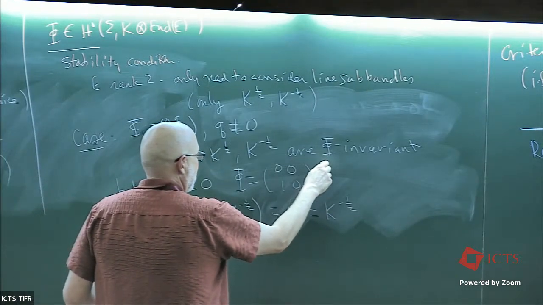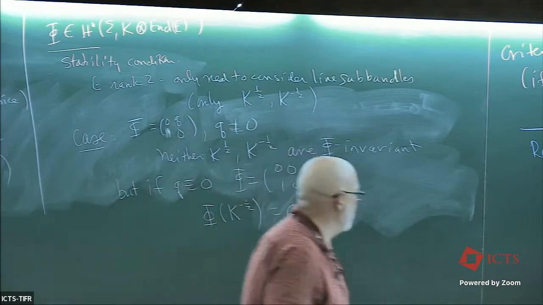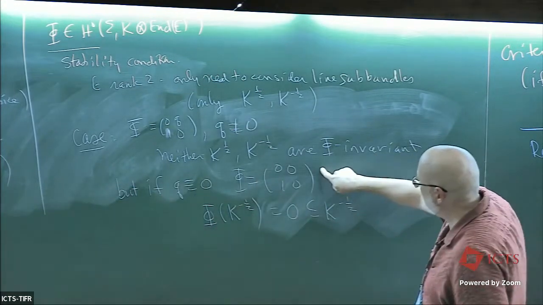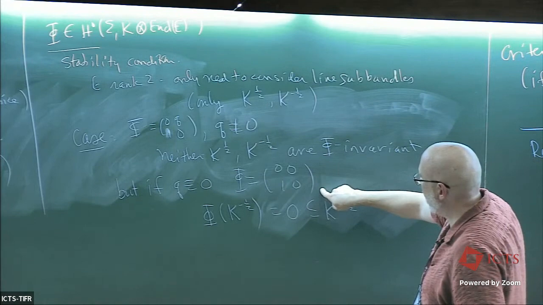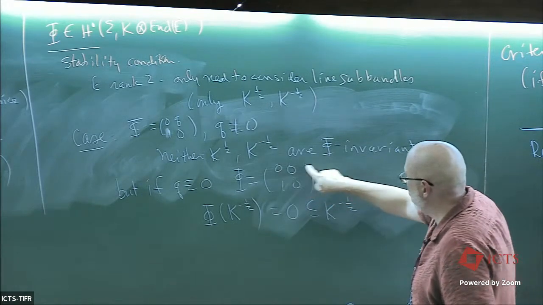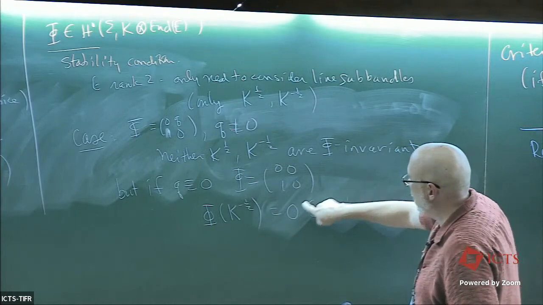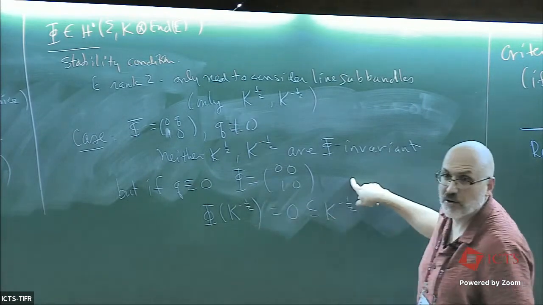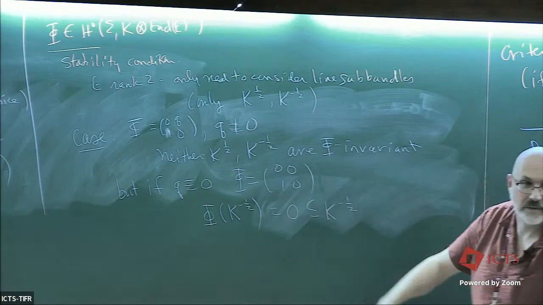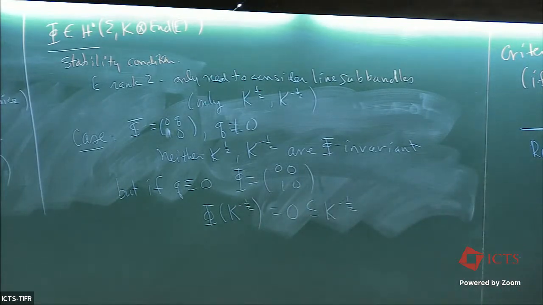So basically the way this works is just in terms of matrix multiplication. You have a k to the 1/2 here, k to the minus 1/2 here. If you do the matrix multiplication, all the terms with k to the minus 1/2 become 0 here. The top row is 0.